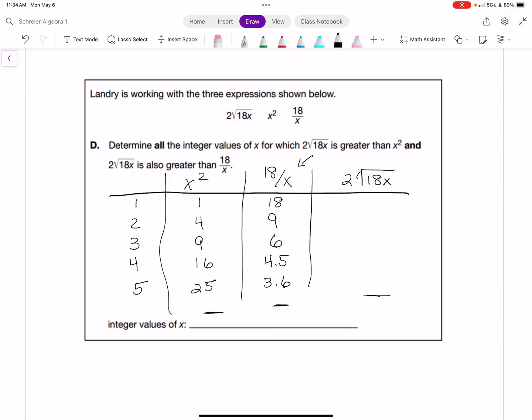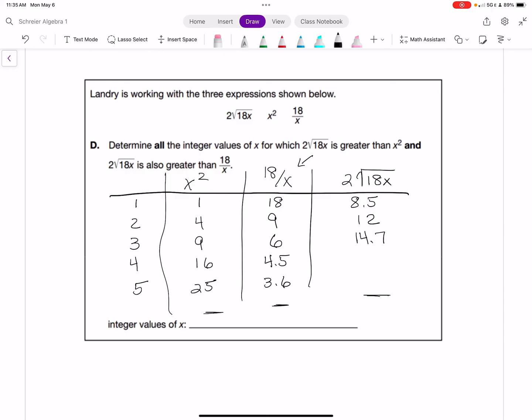So we're going to take 2 times the square root of 18 times 1, which we actually did earlier, which is 8.5. And then we're going to take 2 times the square root of 18 times 2, which is 12. Then we're going to take 2 times the square root of 18 times 3, which is 14.7.